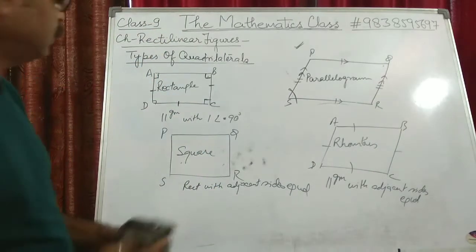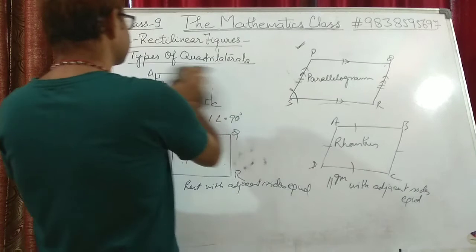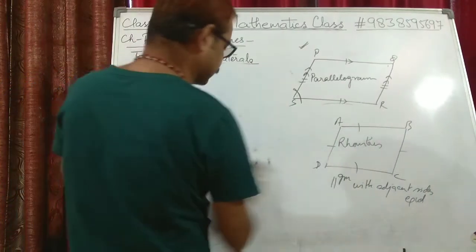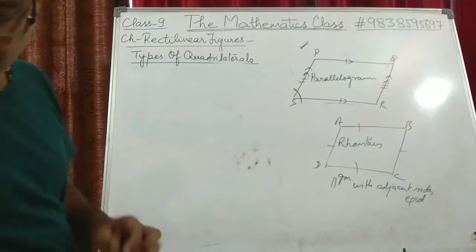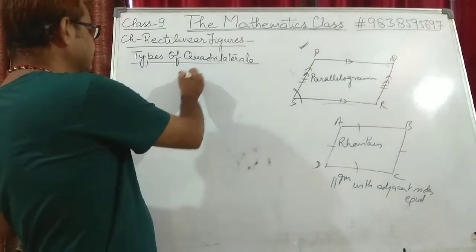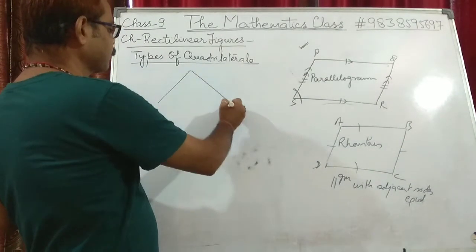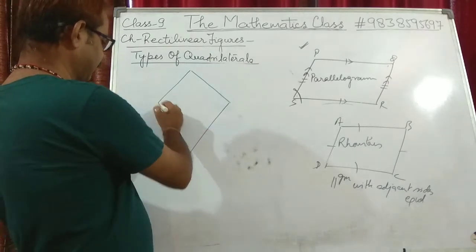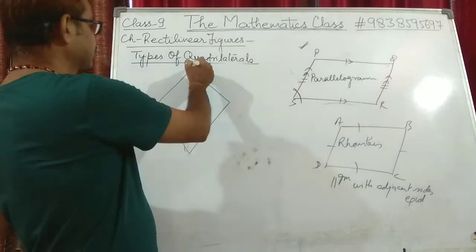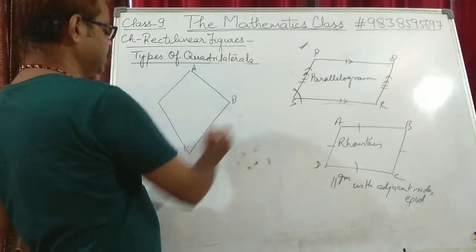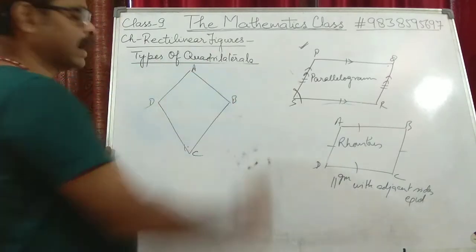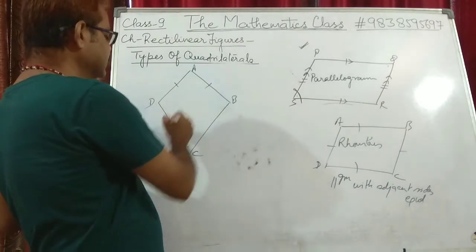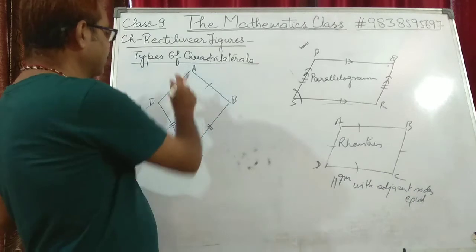Now we move on to the last quadrilateral, that is known as a kite. Kite, A, B, C, D. A kite is a quadrilateral in which adjacent sides are equal.